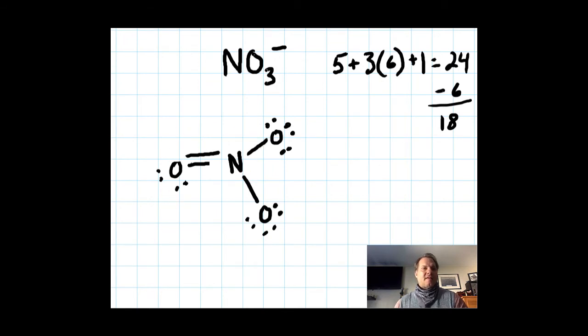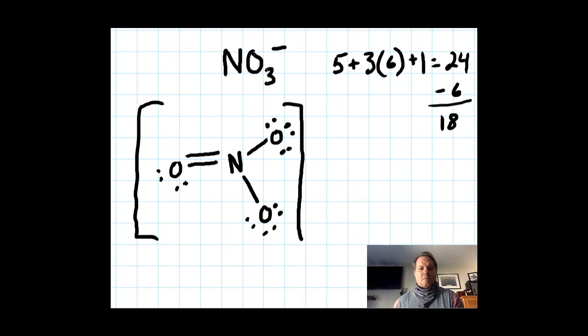By the way, that other bond I just tossed in, that is that pi bond that I showed you a second ago. All of these other ones are sigma bonds. When we're dealing with an ion, put the whole Lewis structure into a bracket and then indicate the charge of it right there. The completed Lewis structure also shows the charge.